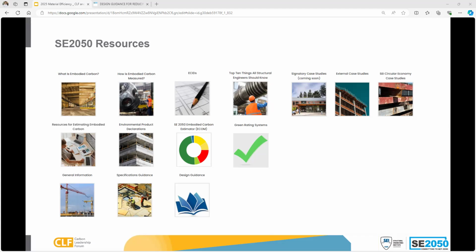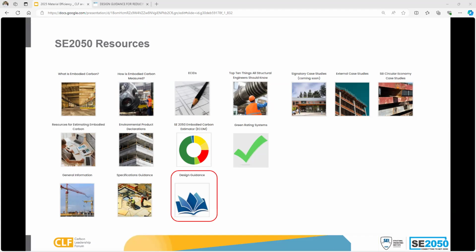So a few things to highlight here: the ECIDs, embodied carbon intensity diagrams, the ECOM tool, which is embodied carbon order of magnitude for high level decisions, and then the design guidance page, which is specifically focused on improving material efficiency and reducing embodied carbon through design.